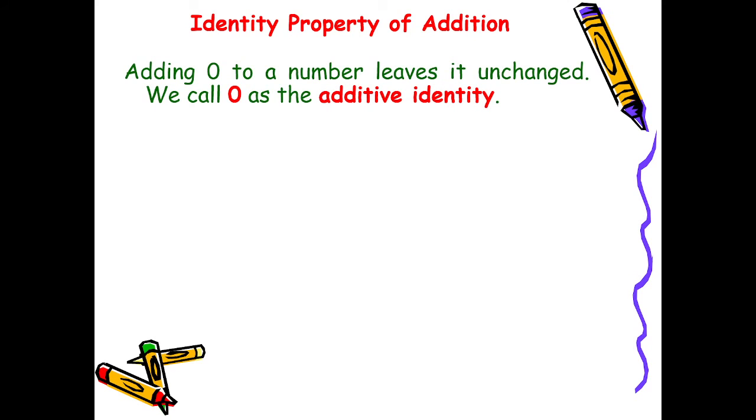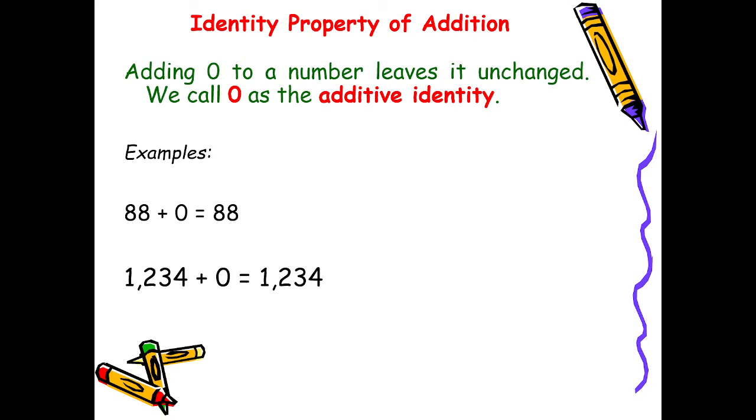Because 0 is the additive identity. Adding 0 will never change the value of the whole number. So for example, 88 plus 0 is 88. 1,234 plus 0 is 1,234. So take note of that. That's the identity property. Identity remains the same.